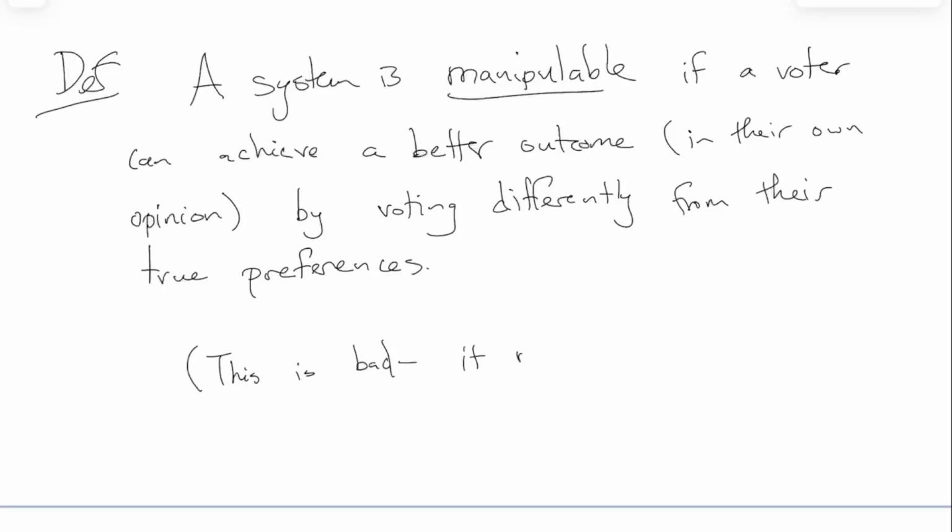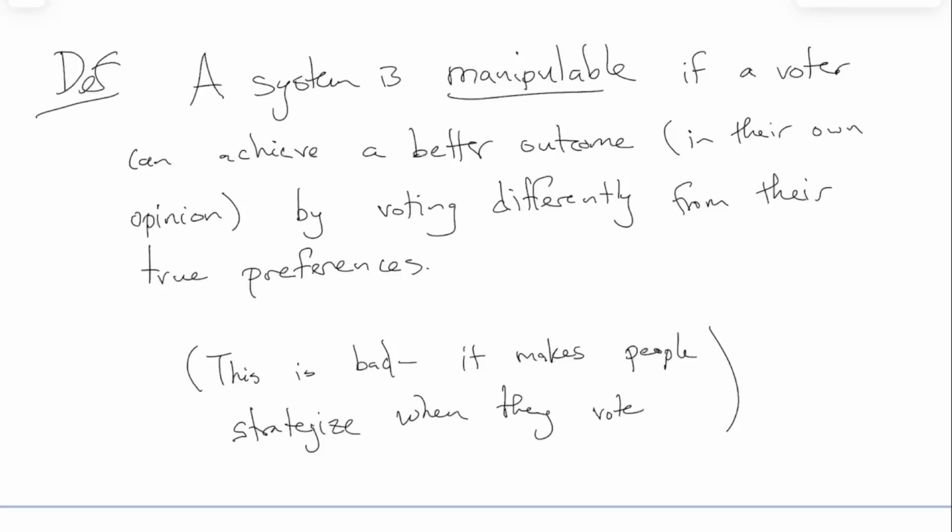because it makes people strategize when they vote. In such a system, it means that you shouldn't actually vote for your true feelings. It means you should think about your true feelings, but then also think about some kind of strategy by which your vote can achieve the most. And this may not be the same as voting for your true feelings. So this is bad.